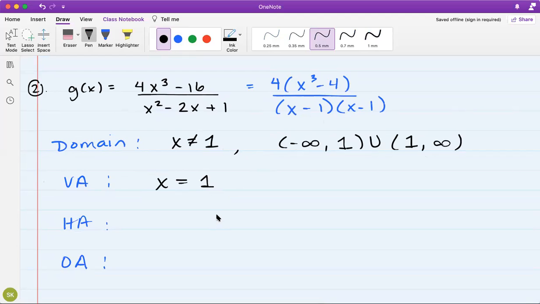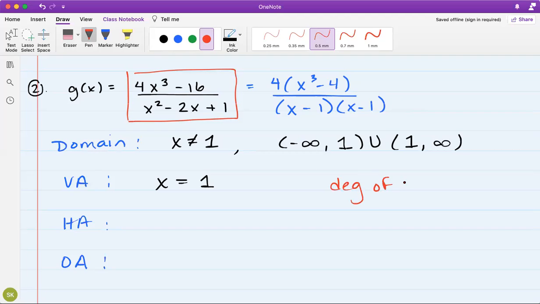Now, let's go back to this version, because I think this version is a little confusing when we have to determine horizontal asymptotes and oblique asymptotes. Now we look at the degree of the numerator. So the degree of the numerator is equal to 3. That's the highest power here.